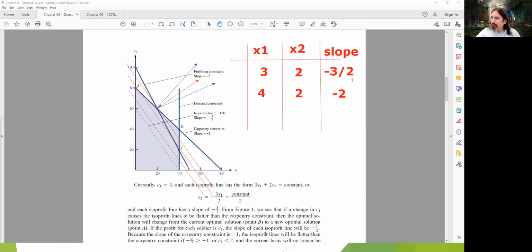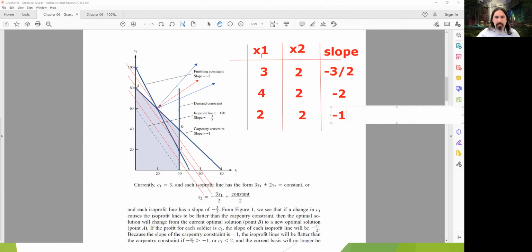So, as long as my slope is between the slope values of these two constraints, I'm okay. What about the second constraint? One of them was -2. As you can see, this finishing constraint has a slope of -2, and this carpentry constraint has a slope of -1. So x1 can go down by 1 point to 2, which would make its slope -1.